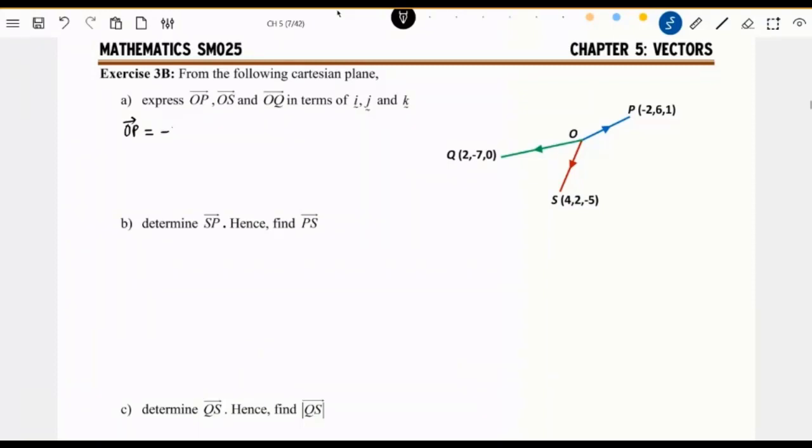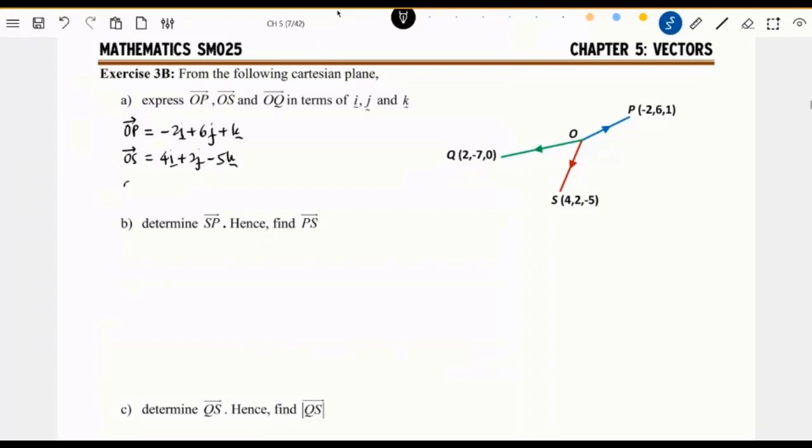Negative 2i plus 6j plus k. Okay. Alright. OS? Anyone else? Yang lain? OS? 4i plus 2j and then minus 5k. Good.